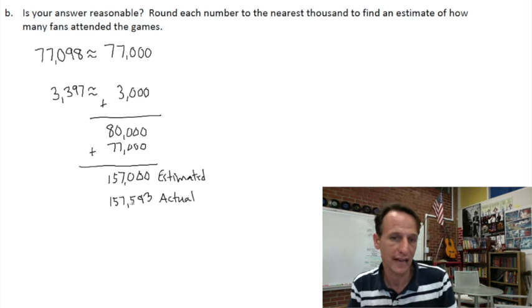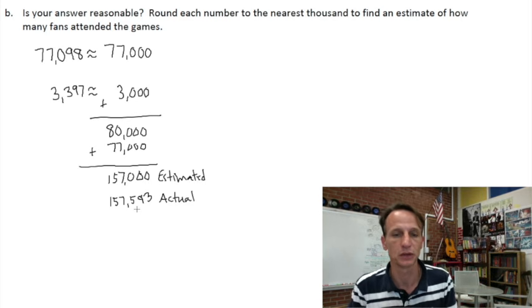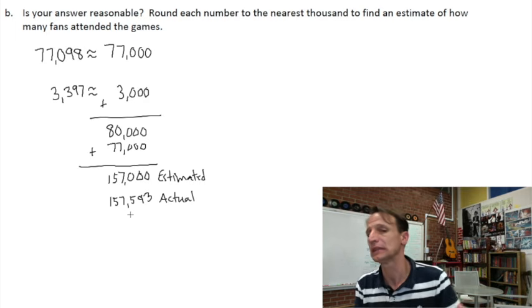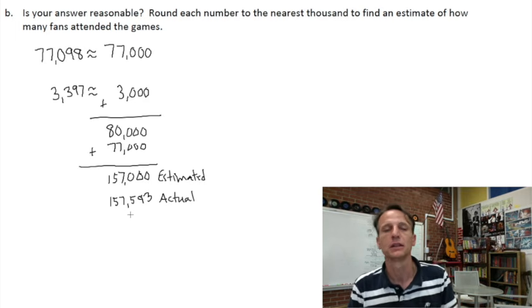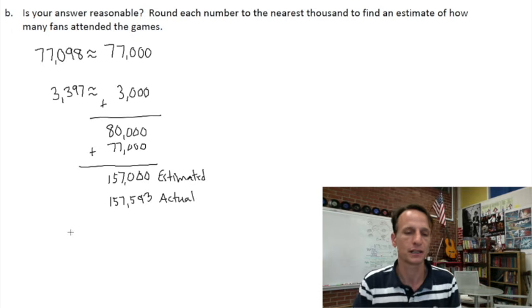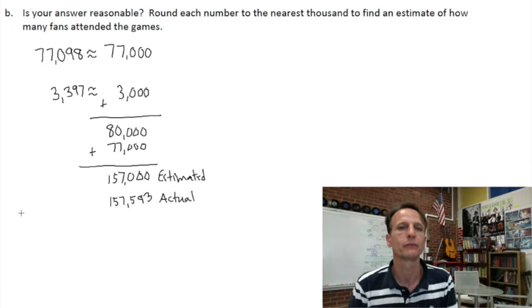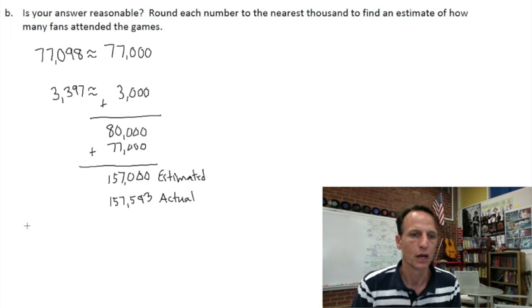In fact, the actual number, if you were rounding to the nearest 1,000, would round up to what? 158,000. Remember, I said it's not always going to be exactly, because if you want it exactly, then you add the actual numbers. But we can tell our estimate is reasonable. So my answer is reasonable.